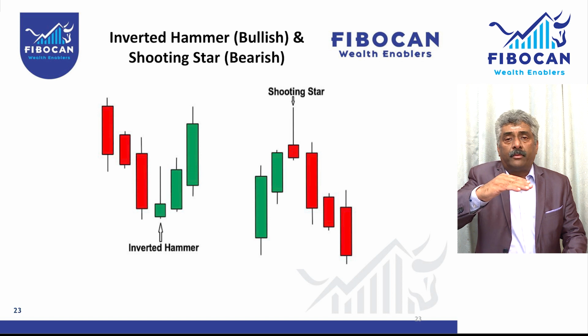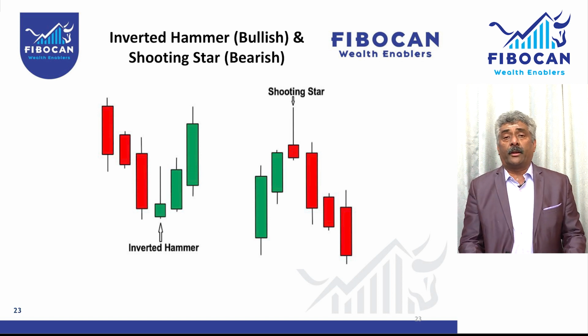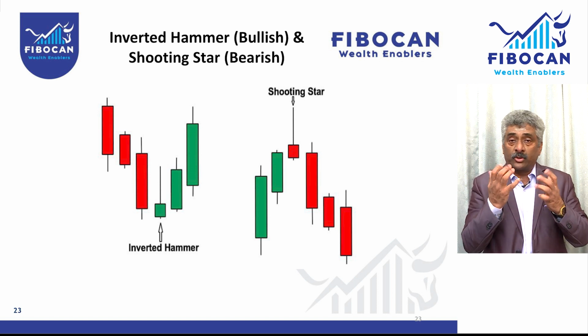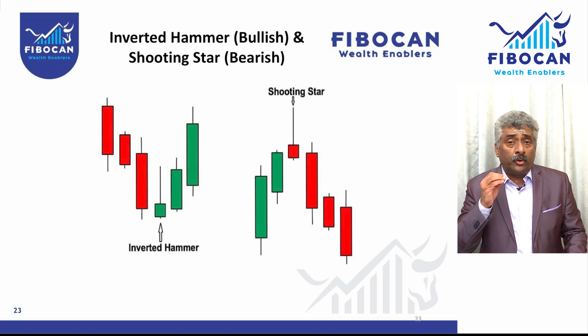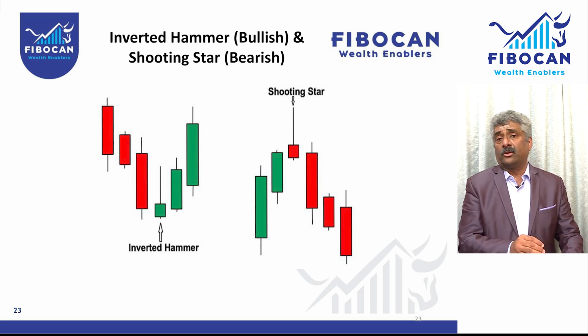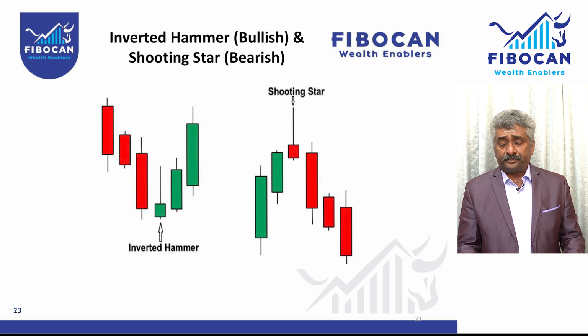Finally the price came down, down, down, and more or less closed below the open. That means bulls wanted to take it up, but bears took control. So a shooting star is a very powerful reversal compared to an inverted hammer at the lower end. That is something you will get by practice once you see more candles.